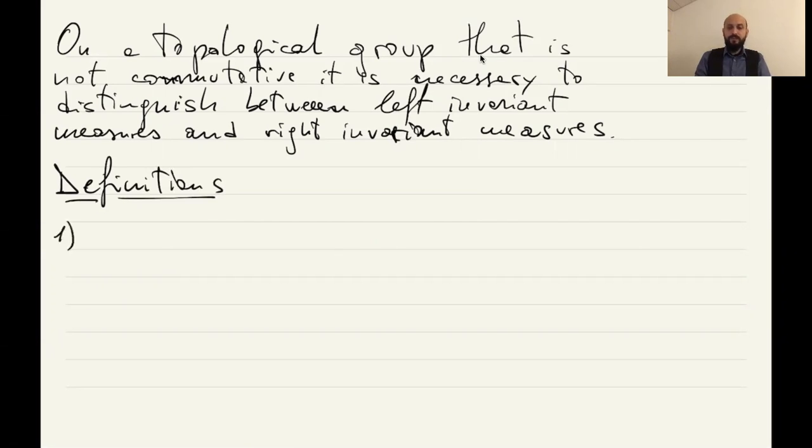Okay, so first definition, let's define right invariant and left invariant.